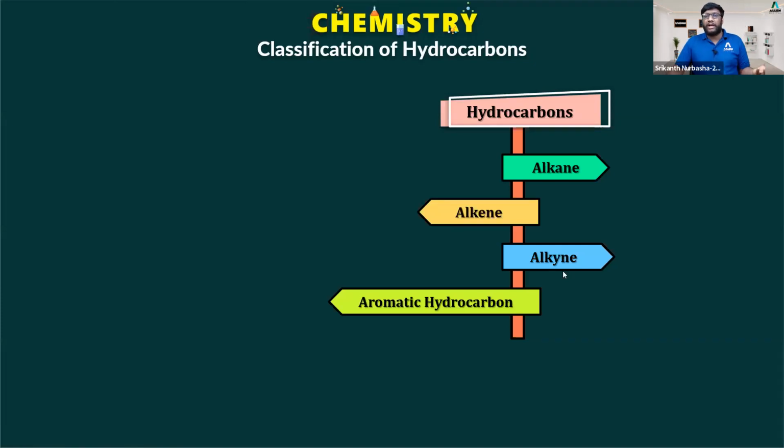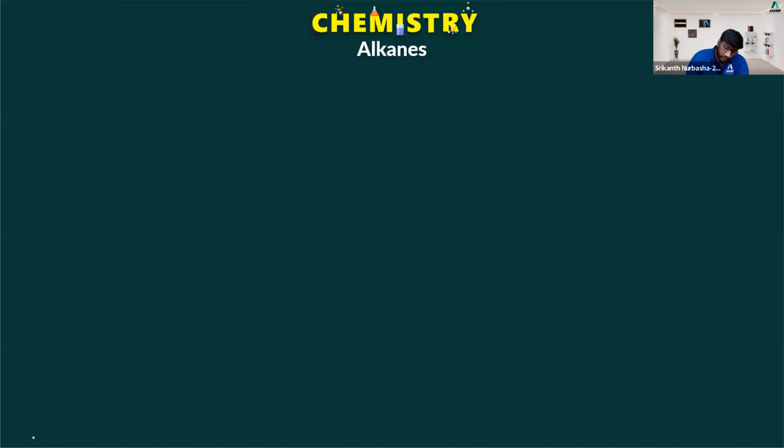So whatever organic compound you have, you should be in a position to name it, and to express what different types of isomerism are possible for that organic compound, and how many isomers are possible. All those questions you should be knowing. So hydrocarbons are classified as compounds of carbon and hydrogen alone, and we have alkane, alkene, alkyne, and aromatic hydrocarbon. We'll study one by one now.